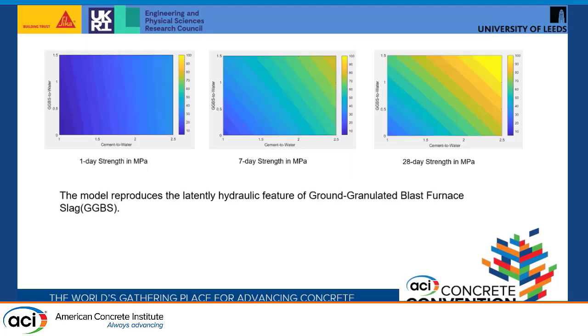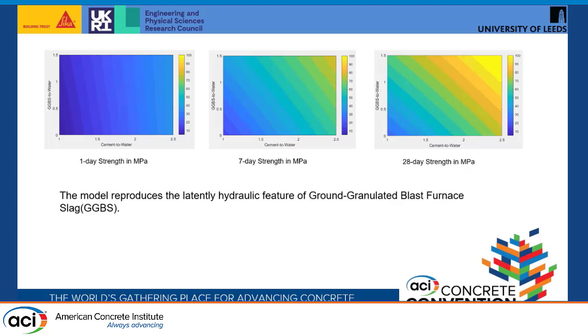Now we will be looking at how our model reproduces the well-known effect of some factors. As we know, GGBS, ground granulated blast furnace slag, is a latent hydraulic material. So on the first day, the contribution of GGBS to the strength is not too much.